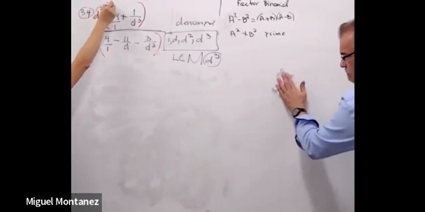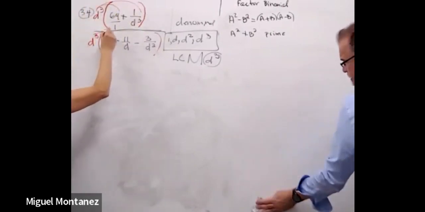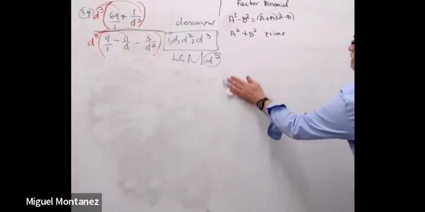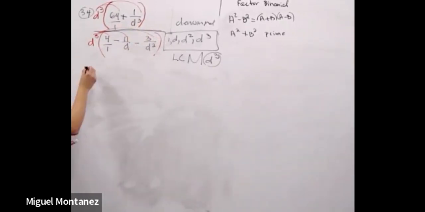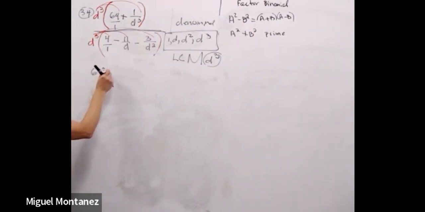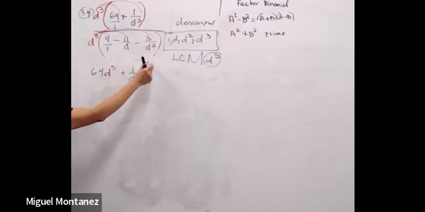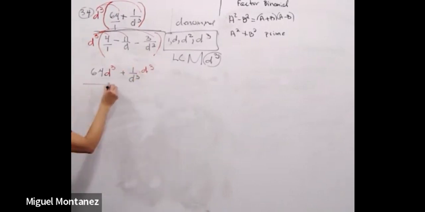So when we distribute, what we're really having is 64 times d cubed, 1 over d cubed times d cubed.